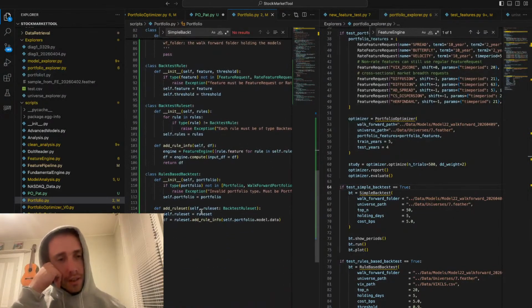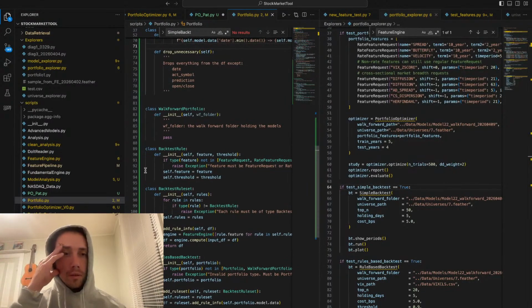Okay, then we're dropping the unnecessary crap. Then we're good. We only have date, account symbol, prediction, open, close, and the data frame.